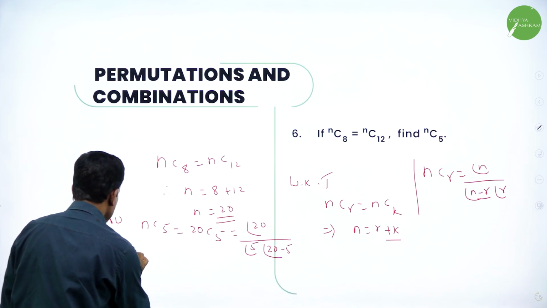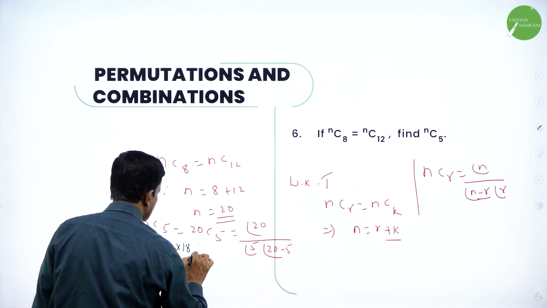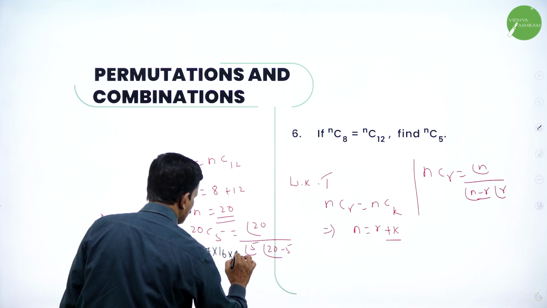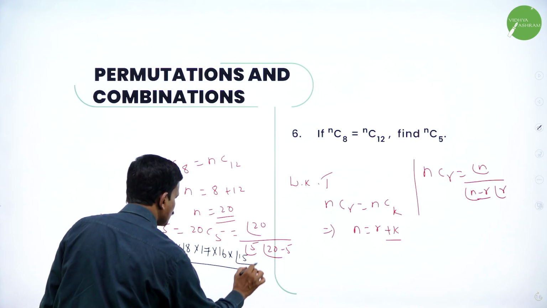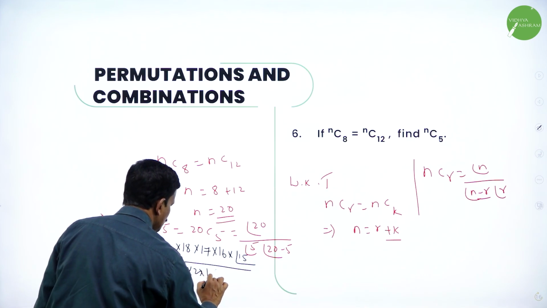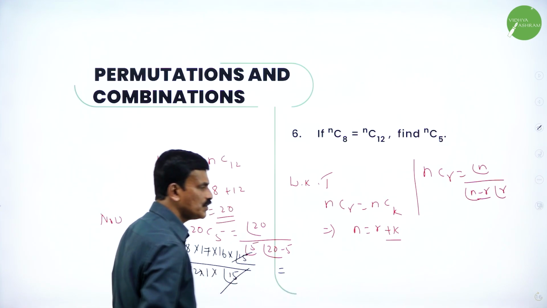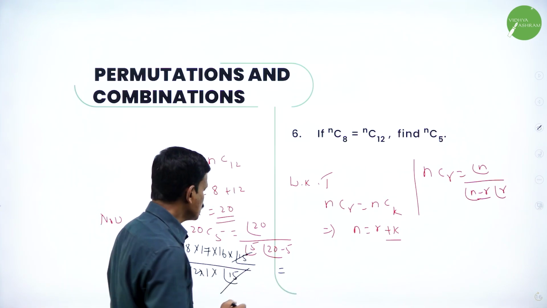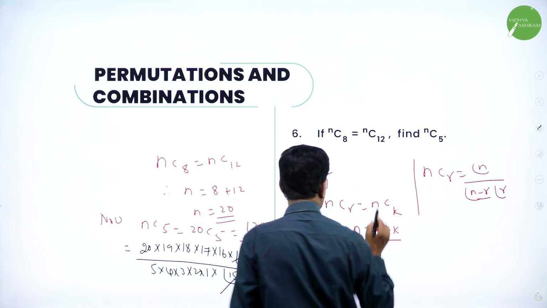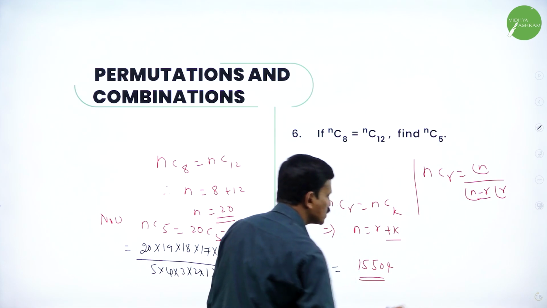Now, this can be written as 20 into 19 into 18 into 17 into 16 into factorial 15, divided by 5 into 4 into 3 into 2 into 1 into factorial 15. These two get cancelled. If you simplify this, you will get 15504. This is the required answer.